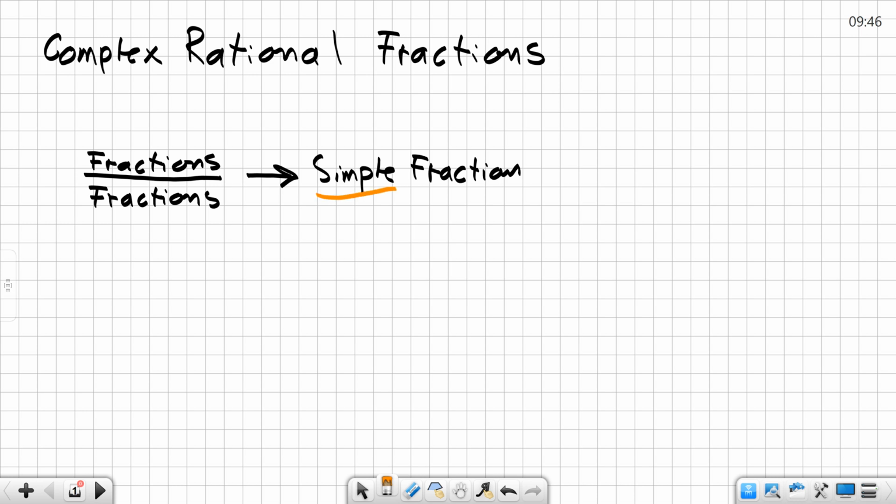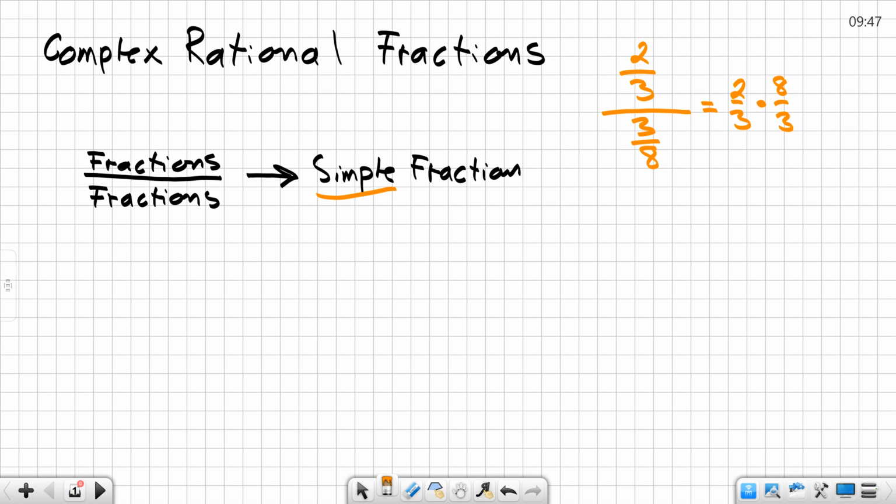Well, whatever simple means. So, for instance, if I give you an example here with numbers, something like 2/3 divided by, let's just say, 3/8. I have one fraction divided by another fraction. And if you remember, we divide one fraction by another fraction by multiplying with the reciprocal of the bottom.